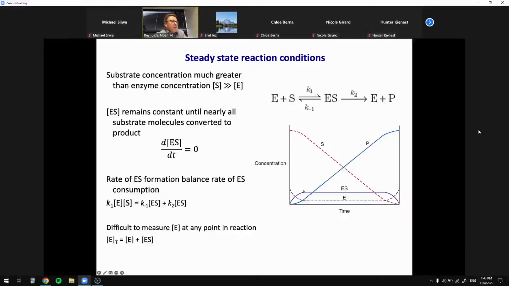This is the point where the substrate is going down, the product is coming up, but the actual amount of enzyme and enzyme-substrate complex are not changing. Those levels will be constant. This time here is where we would have steady state conditions.